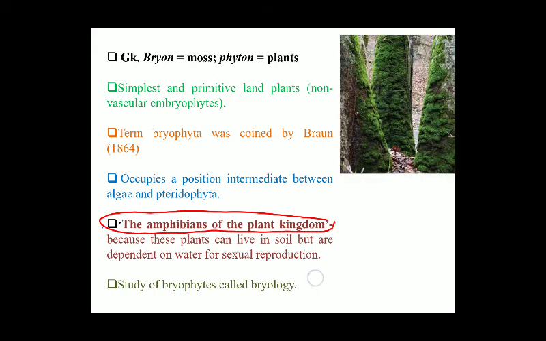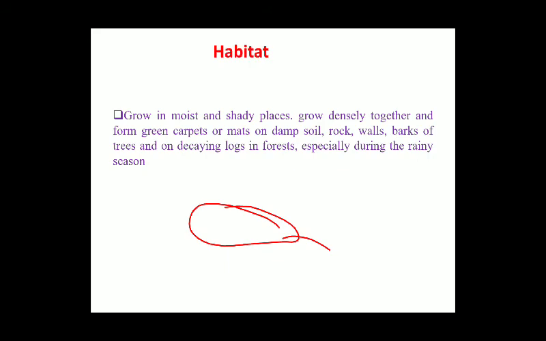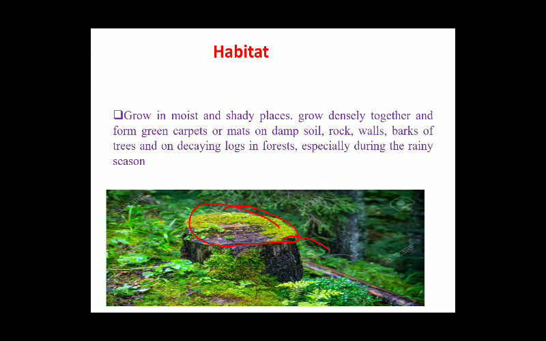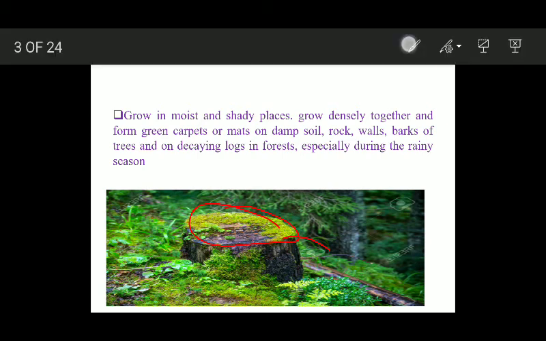Now coming to their habitat, where they live. Bryophytes are usually found to grow in moist and shady places. They grow densely together and form green carpets or mats on damp soil, rocks, walls, barks of trees, and on decaying logs in forests, especially during the rainy season.